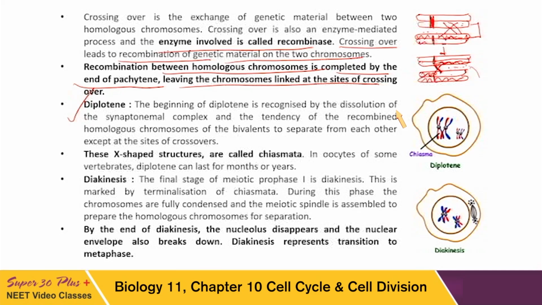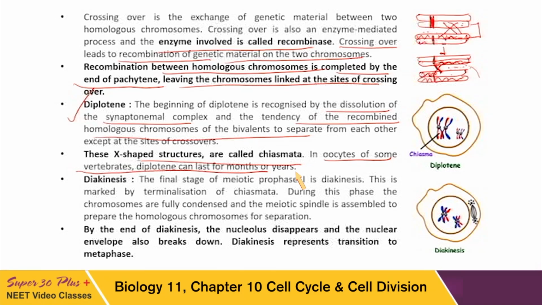The purpose is over now, so it will get dissolved, and the recombined homologous chromosomes of the bivalent tend to separate. They will like to go apart. The X-shaped structure is known as chiasmata, visible in the oocytes of some vertebrates. Important: diplotene can last for months or even for years. The cell will remain in this stage.